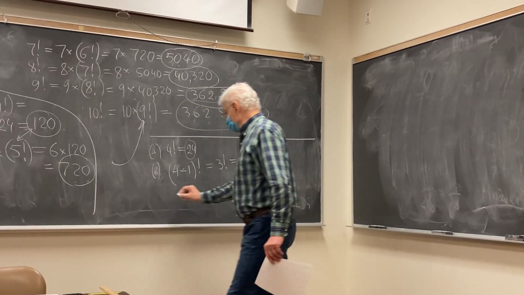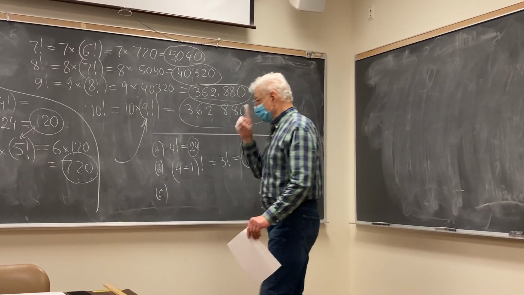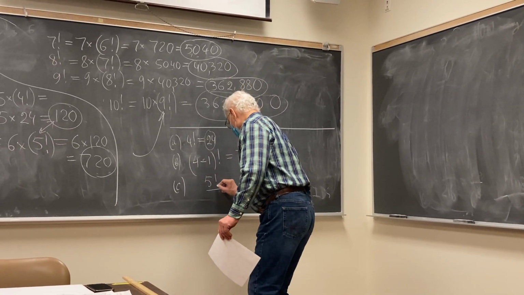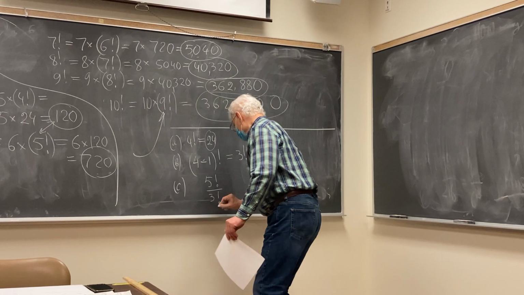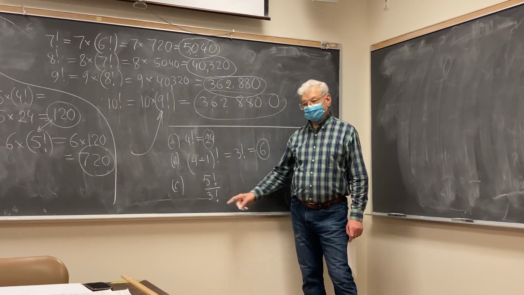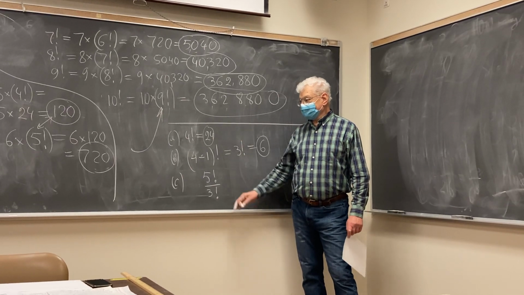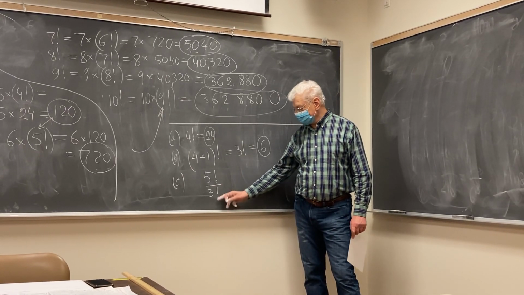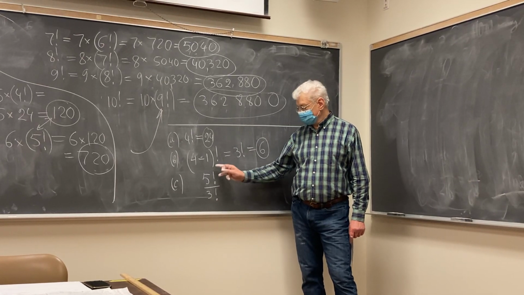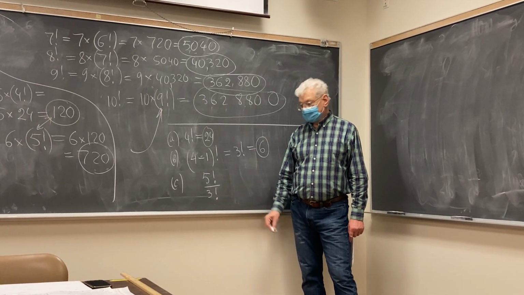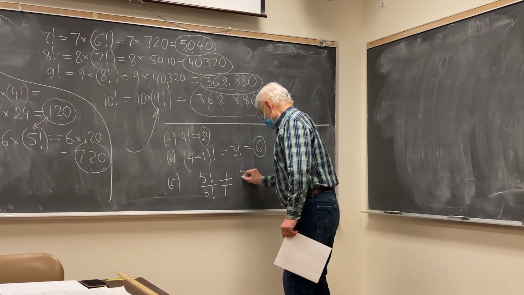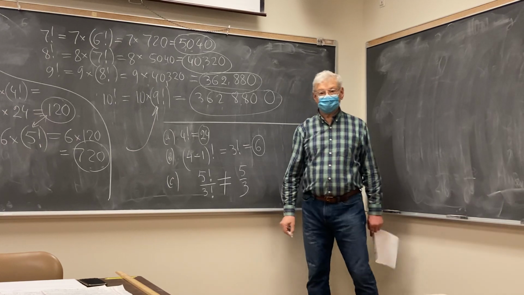Okay, and the last example here is 5 factorial over 3 factorial. If you cross out the factorials, you get 5/3, which is absolutely not true. If you erase factorials and get 5/3, you'll get an F immediately.